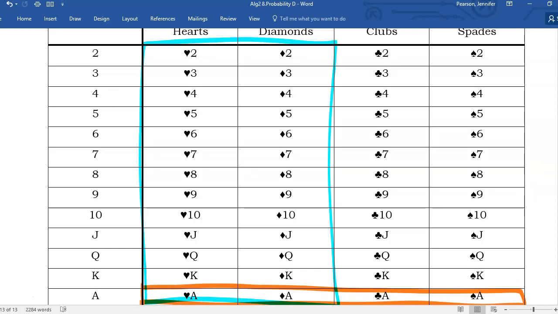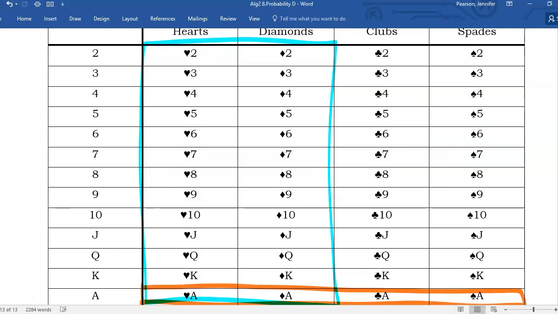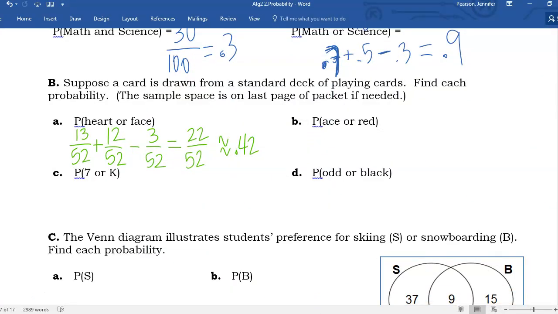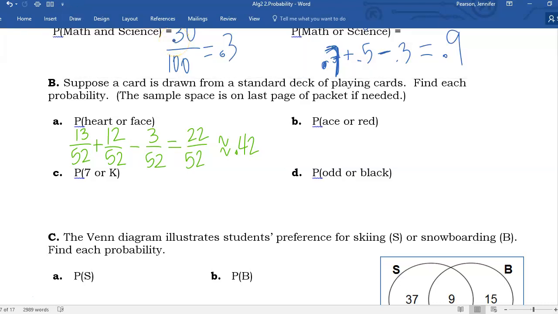So using the formula, there are 4 aces in my 52, plus there are 26 reds in my 52, but there are 2 red aces, so I don't want to double count them.